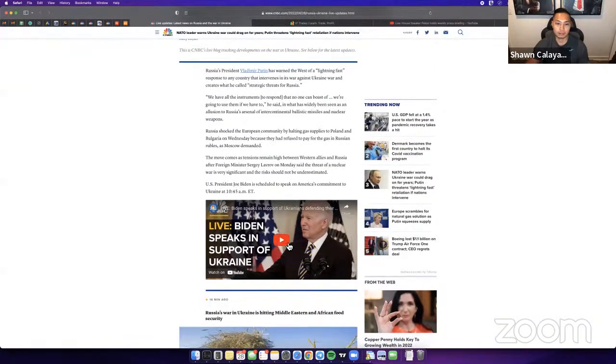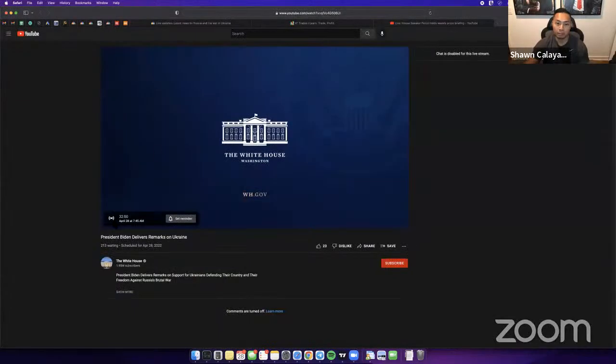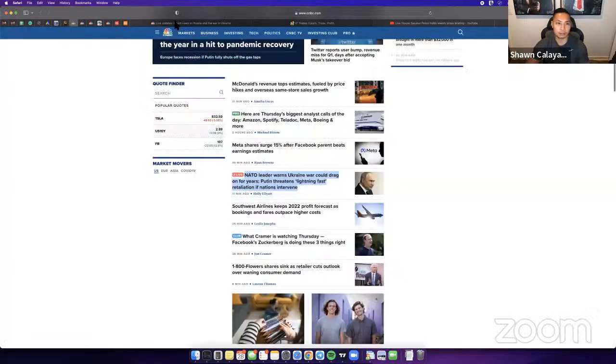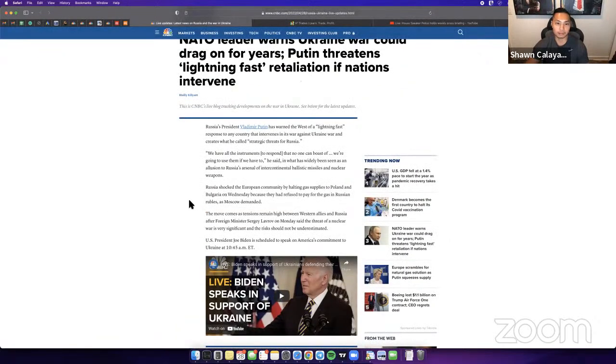Biden is going to be speaking shortly, so he's going to deliver his remarks. I don't know how this is going to work out, guys, because Biden is not like Trump or any of the other presidents. The other presidents are generally pretty strong on their point. I think Biden is just going to run in circles, right? We are supporting Ukraine, but he's not going to be like Trump, saying, oh yeah, well then do something, Putin.